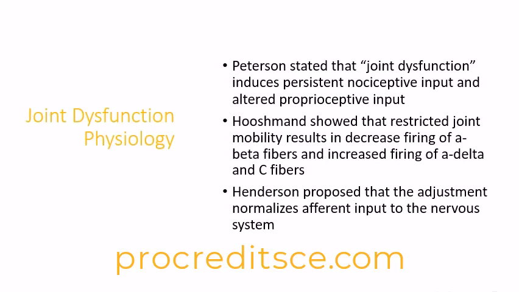Hushman showed that restricted joint mobility, such as a joint fixation, results in decreased firing of A-beta fibers. Remember, A-beta fibers are associated with mechanoreceptors, and increased firing of A-delta and C fibers, which, as we know, are the fibers that carry the perception of pain or nociception. And Henderson proposed that the adjustment, or the chiropractic adjustment, normalizes afferent input into the nervous system.